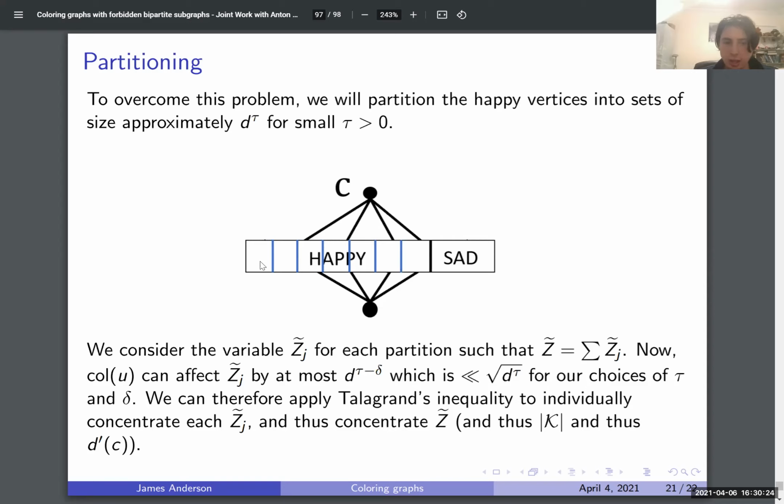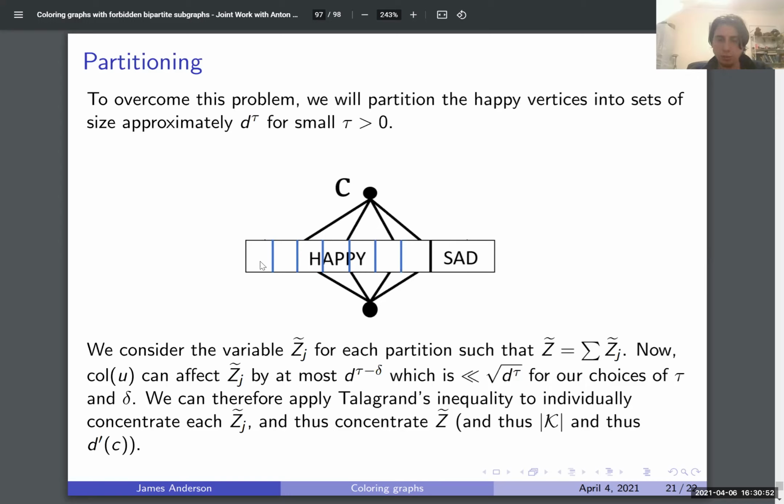And now it turns out that changing the color of U can affect Z tilde sub j by at most D to the tau minus delta. Tau and delta are going to be close enough together that this is going to be much less than the square root of D to the tau. And so we'll be able to apply Talagrand's inequality to each individual piece to concentrate each Z tilde sub j, which will thus concentrate Z overall.